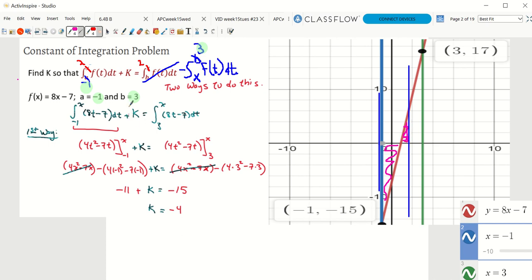And let's hypothetically say that this whole thing is going to be, let me draw it up top here, hypothetically -2, because this negative area is bigger than this positive area, so the total area stays negative.